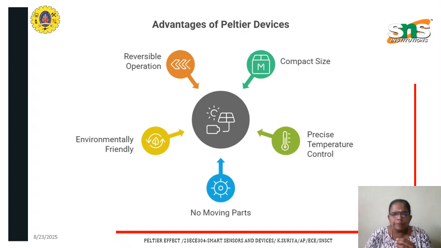Next, Peltier devices have no moving parts, resulting in quiet operation and reduced maintenance. They do not use refrigerants, making them environmentally friendly. They can be used for both heating and cooling by simply reversing the direction of the current. So it has a reversible operation.